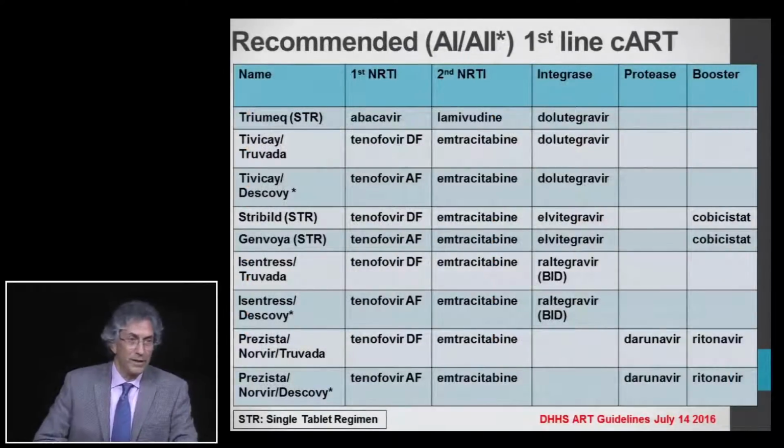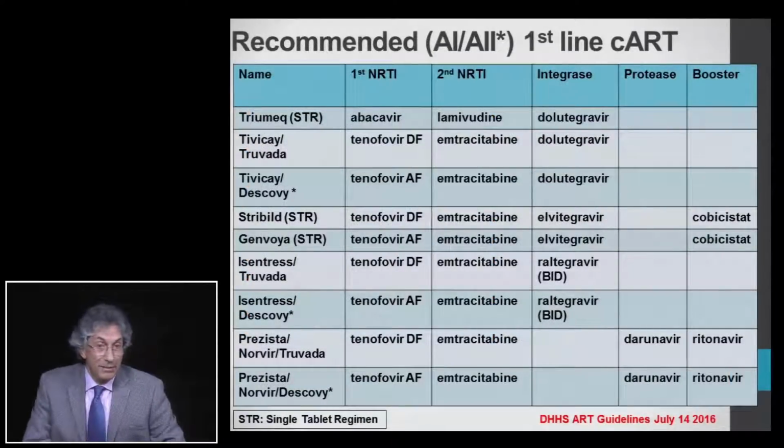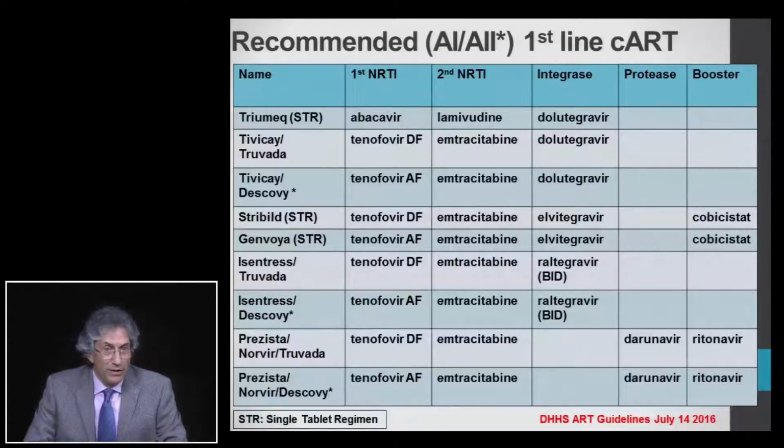Got that? So here we see again that table that we saw a little while ago with the 9 first-line regimens that are recommended in the DHHS guideline. And now you know perhaps a little bit more about each of the words in these columns. I'm going to talk about 4 choices here. Triumeq, Stribild, and Genvoya.